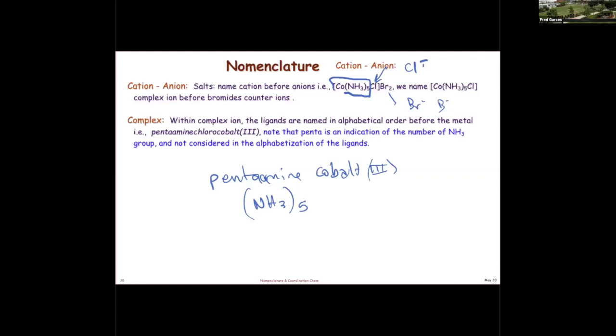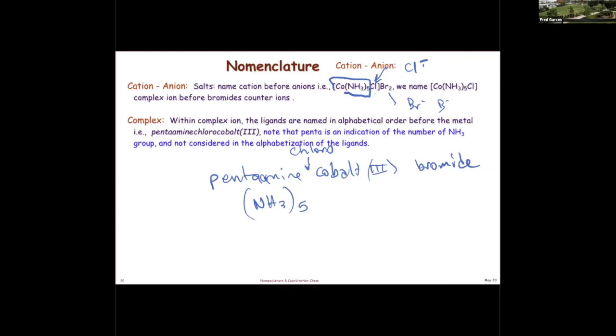I forgot to put in here that there's also chlorine in our coordination sphere. So I need to put in here chloro, cobalt 3, and then bromide. Okay, so this name would be pentaamminechlorocobalt(III) bromide.